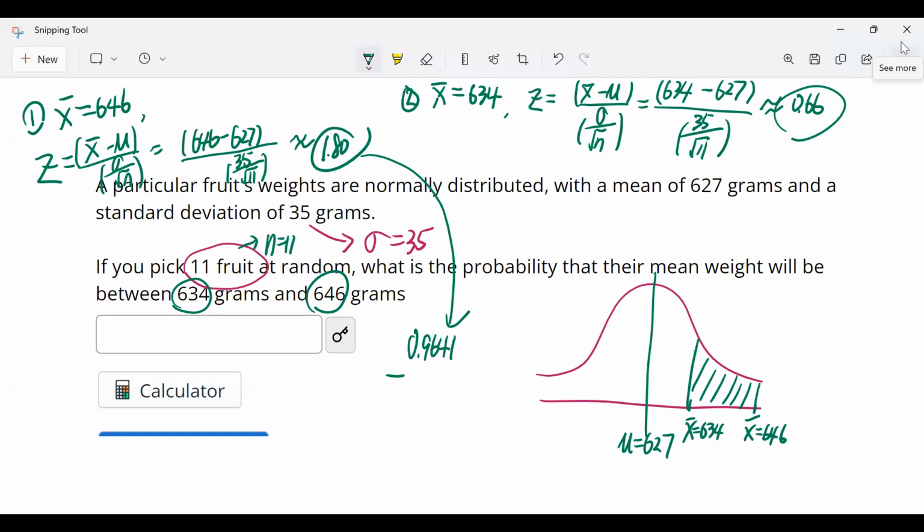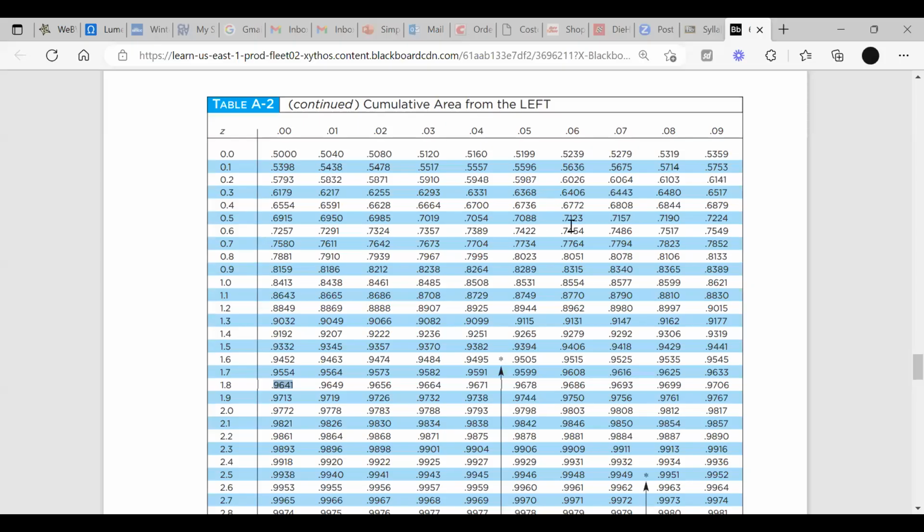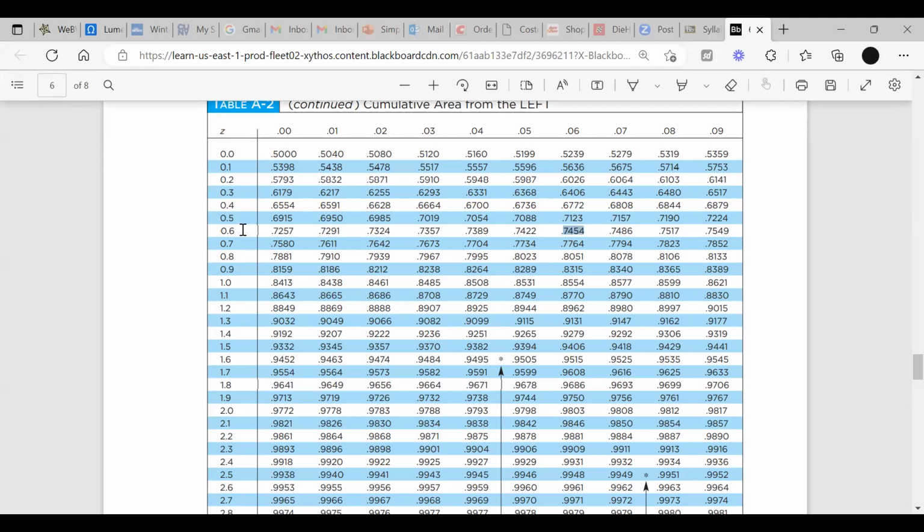And minus the smaller z-score gives us a smaller area, 0.66. Okay, so it's 0.7454. And the difference is the answer.